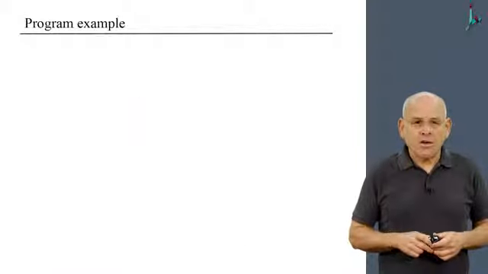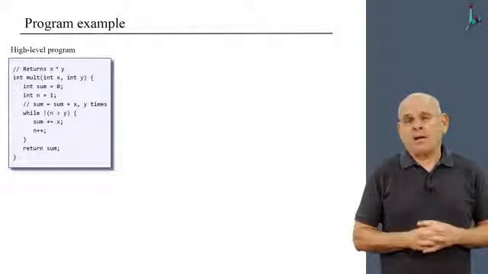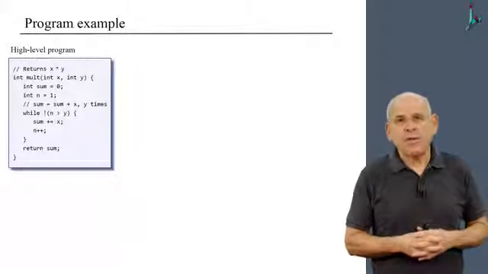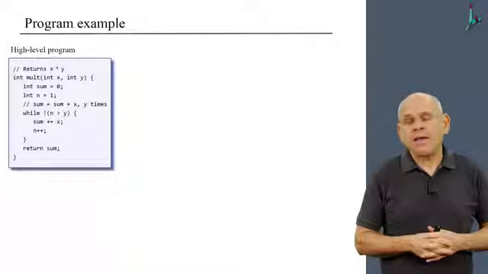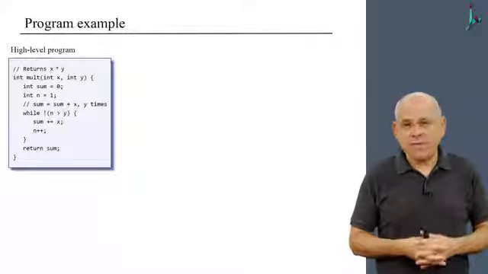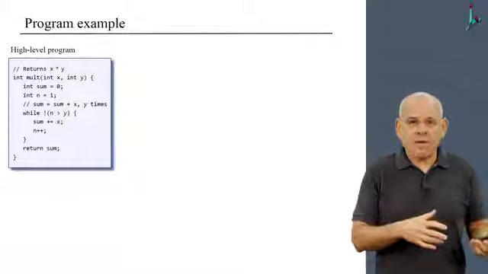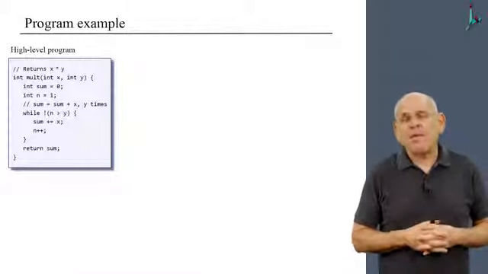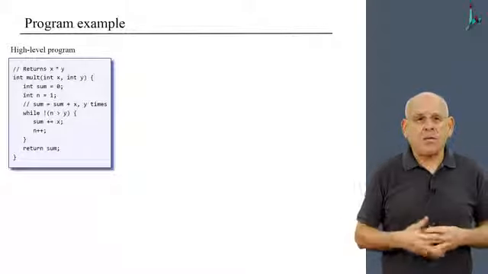So here's an example of a high-level function that computes the multiplication or the product of two given values, x and y. And it computes it using repetitive addition. So we take x, we put it into some container, which we call a sum, and then we increment sum with x y times.